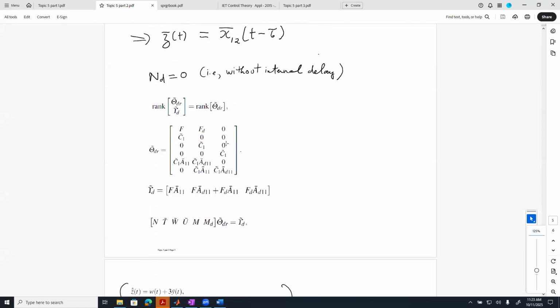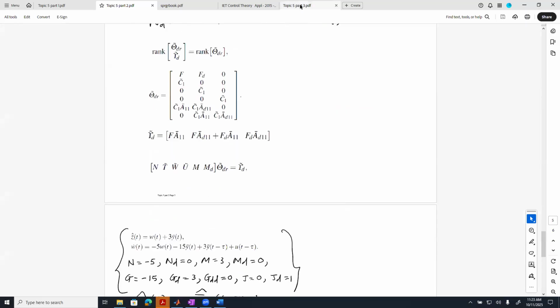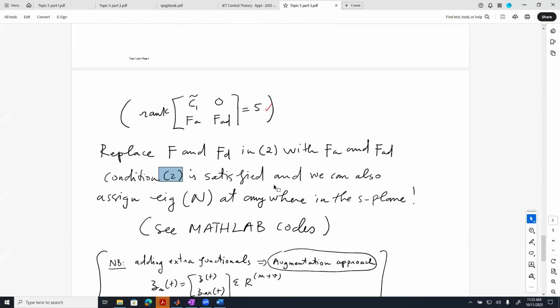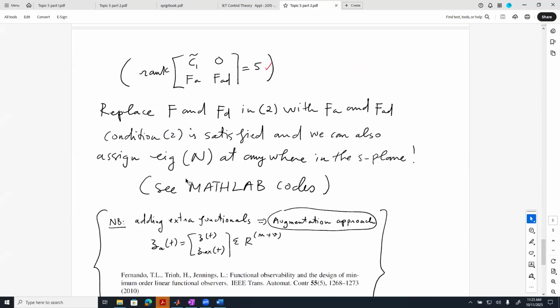So this condition here is satisfied, and we are able to design a third order generalized functional observer. And the good thing about that is the eigenvalues of this observer, which is a third order observer now, can be arbitrarily assigned anywhere in the S-plane.